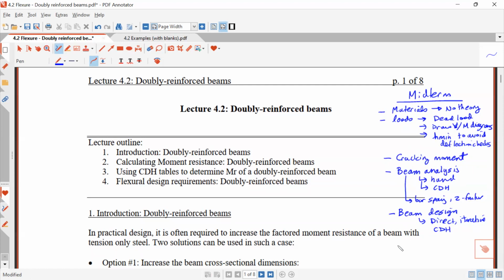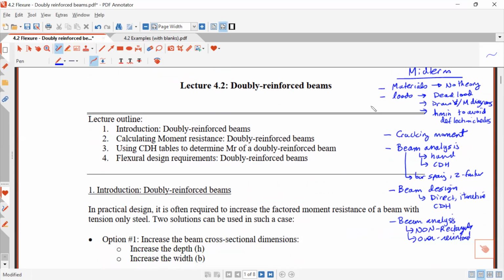And then the other thing related to beam analysis that we saw, and this is important for your midterm, is non-rectangular. And we also saw over reinforced. Okay, I'm definitely not going to ask you all this stuff, because there's just an hour and a half in the midterm.